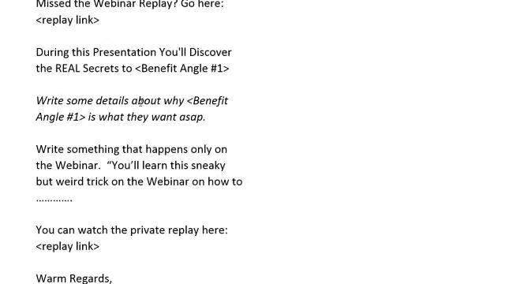So write some details about why benefit angle number 1, or number 2, or 3, or 4, or 5 is what they want ASAP, or as soon as possible. Obviously this little blurb here is just addressing you to write some details about benefit angle number 1. So you can create bullets of why and elaborate further in detail.